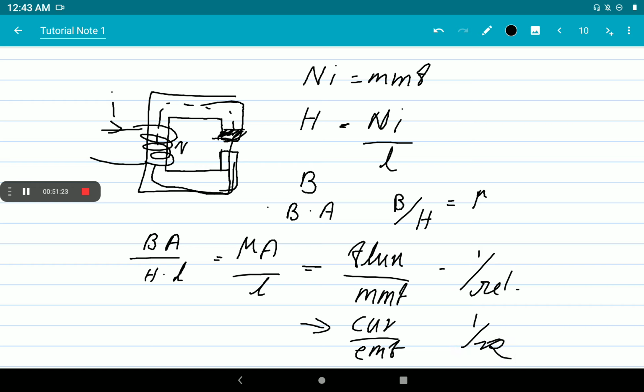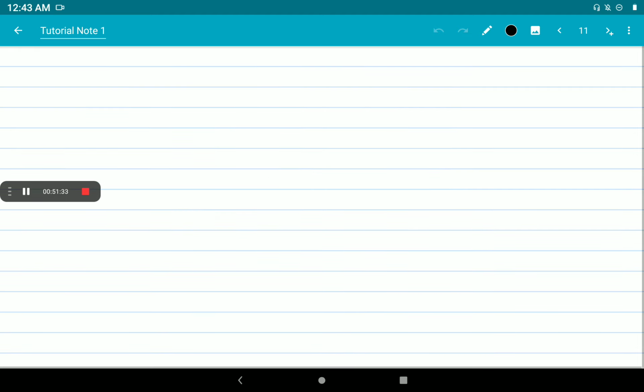So reluctance is L by mu A. The magnetizing force H is equal to Ni by L.